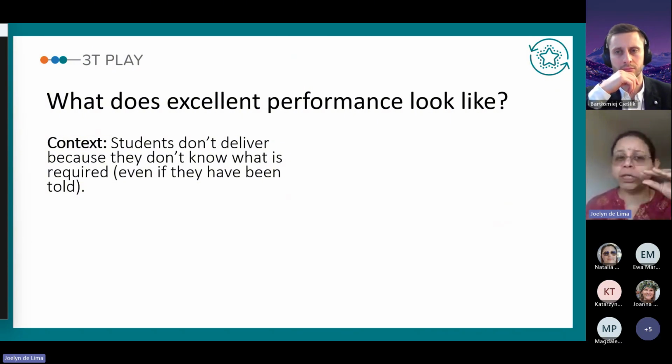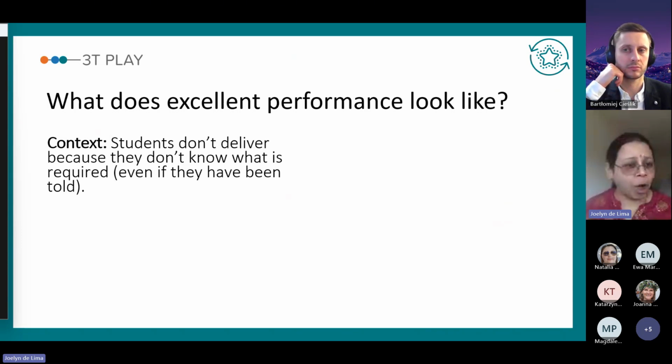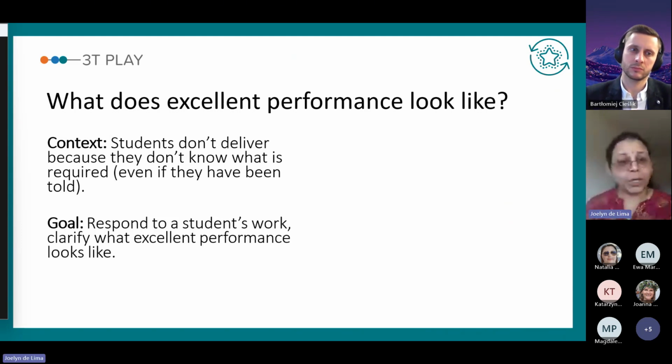It was probably written at the top of their course management software, and at the bottom of their exam sheet. Doesn't matter. When you are giving them feedback, remind them again. Bring them into that mindset again. So when you're starting with feedback, your goal is to respond to a student's work by clarifying what an excellent performance looks like.